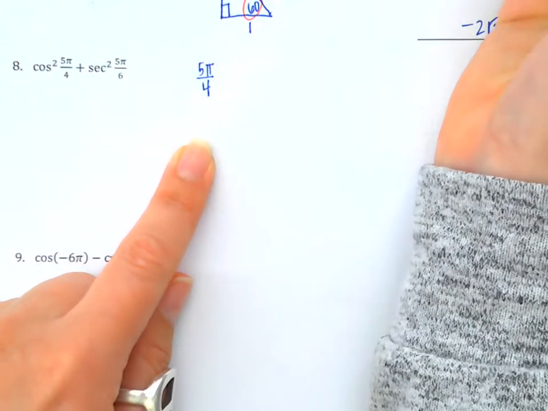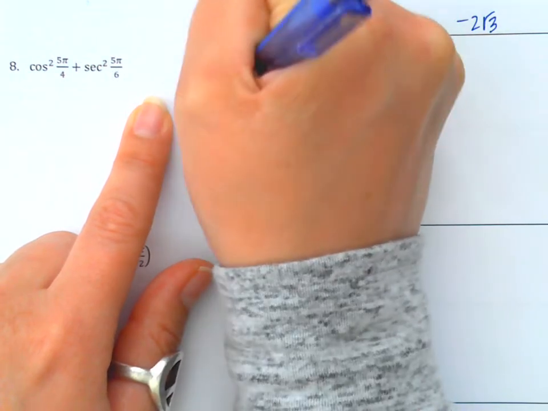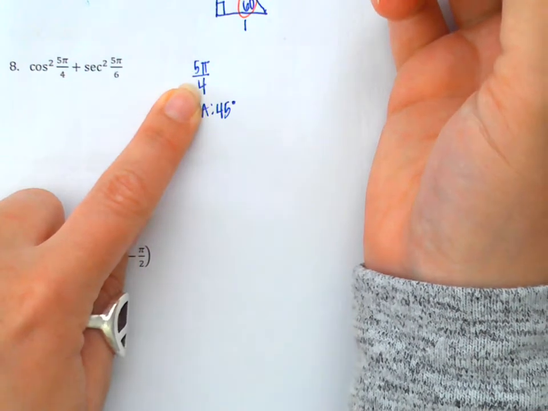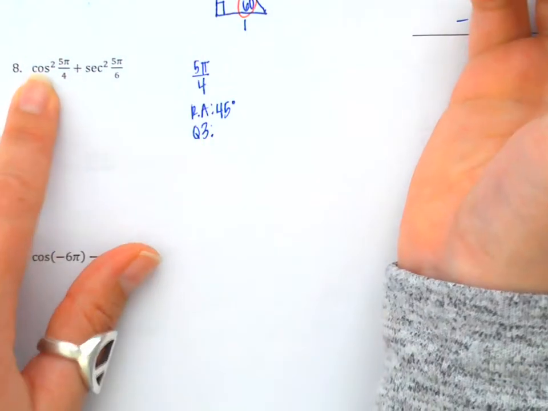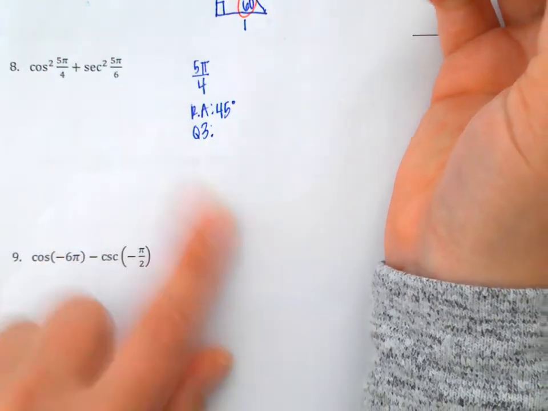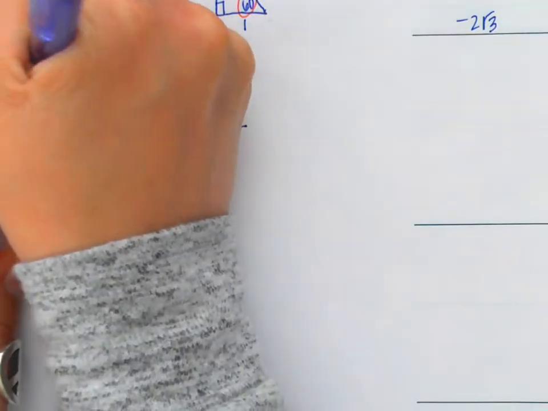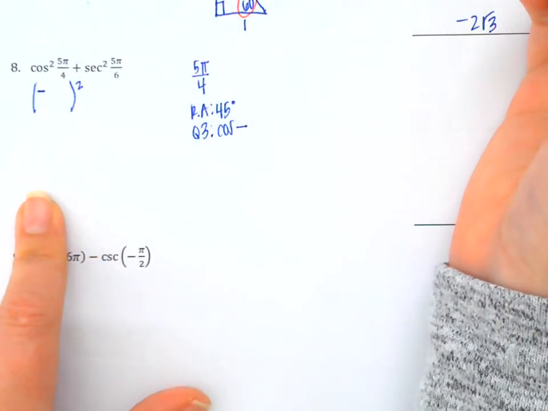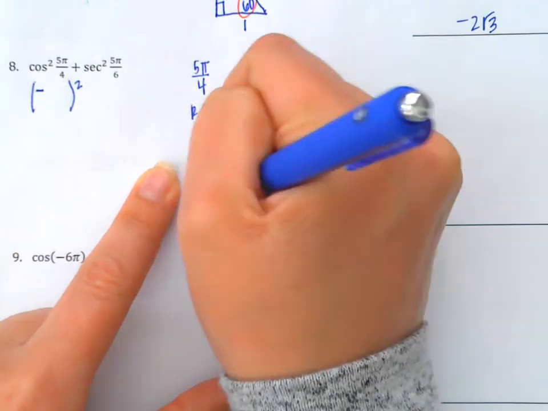5 pi over 4, we know the reference angle because the denominator is 4 is 45 degrees. And then 5 is 1 more than the denominator, so we know that's in quadrant 3. Quadrant 3, cosine is negative. So I'm going to just start by putting a negative, and I'm going to square it ultimately. Okay, so then I'm going to draw my special right triangle.